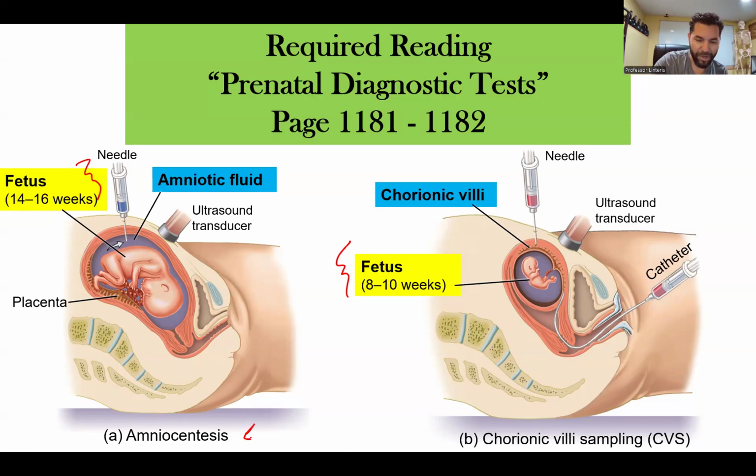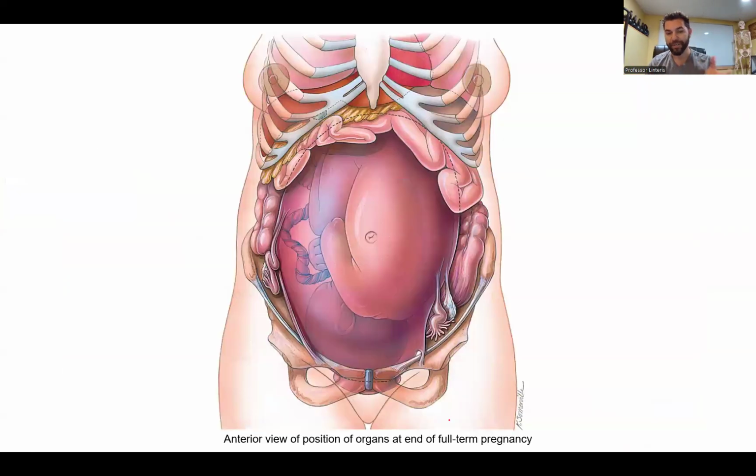We call that amniocentesis and CVS, chorionic villi sampling. Right, this is the position of the organs. You can see during that uterine expansion, baby's getting bigger, things get pushed out of the way. Digestive system moves up, bladder's going to be compressed, ovaries move off to the side. You can see them over here.